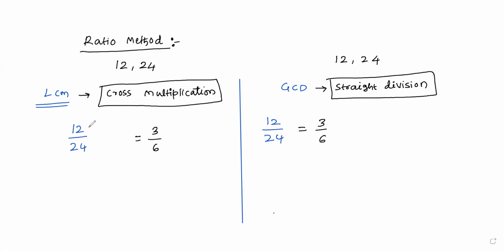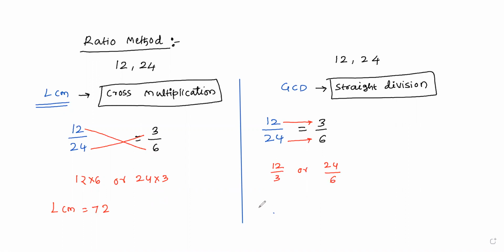Now cross multiplication: you can take 12 times 6 or 24 times 3. 12 times 6 is easier for me, so I am choosing that. So 72 is the LCM in this case. Come to GCD, straight division. That means 12 by 3 or 24 by 6. So here GCD is 4. 12 by 3 is the easiest one, so I am choosing this.